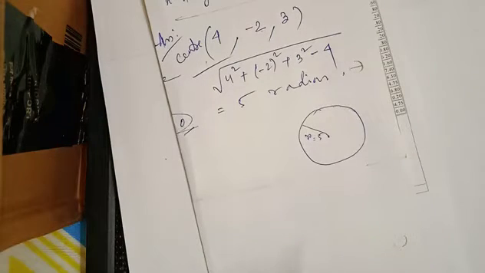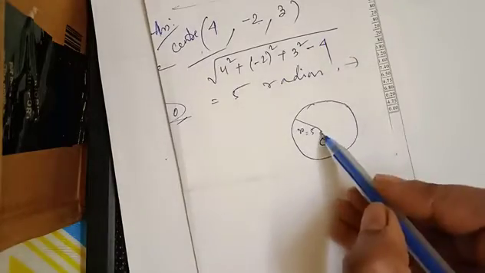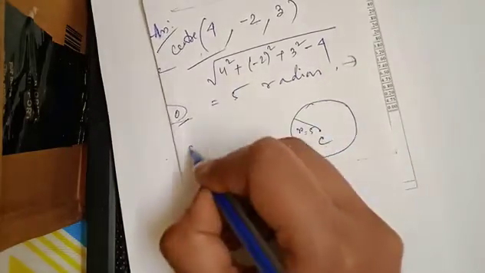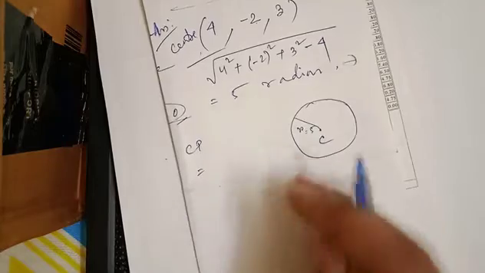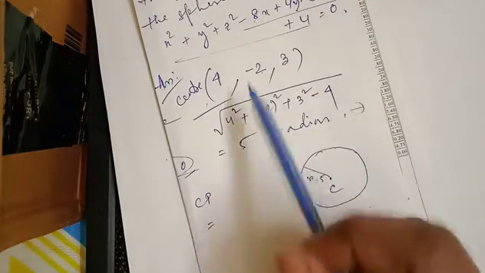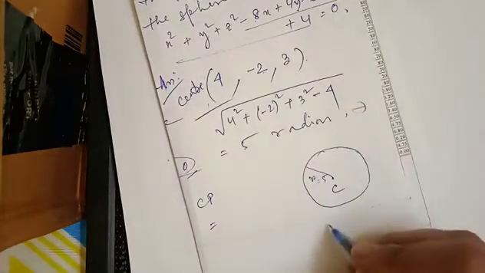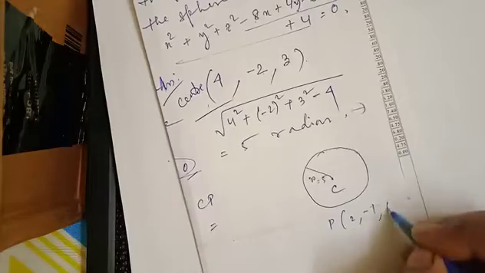Now let's check first whether the point P lies outside or inside the sphere. Somewhere there is P and this is the center C. Let's check the value of CP. We know how to find the distance between two points. C is (4, minus 2, 3) and P is (2, minus 1, 1).